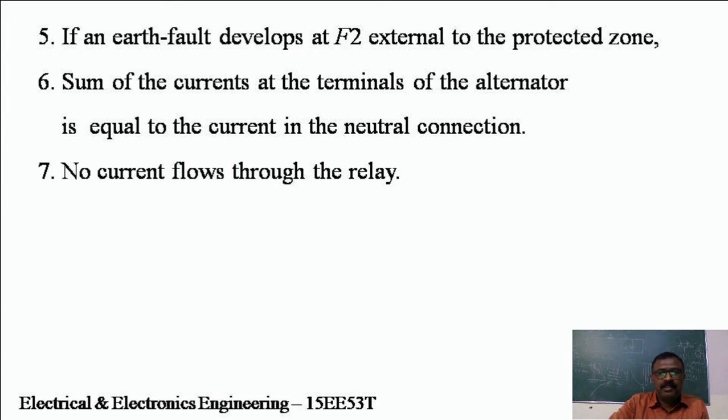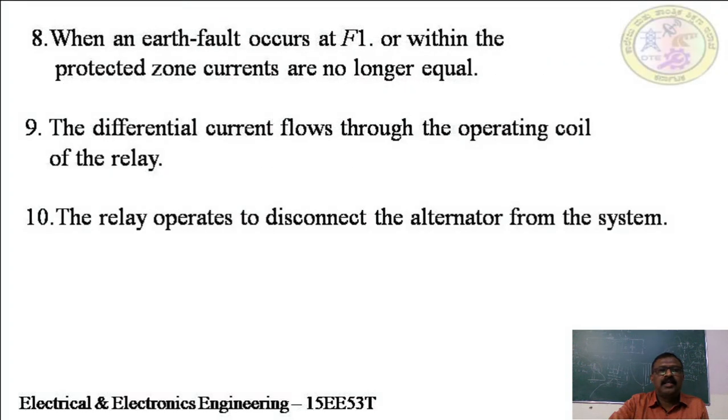F2 is not within the protected zone or within the current transformers, it is away from the current transformers. When the fault F2 occurs, it will never have any impact on the currents entering and leaving the protected zone. So therefore no current flows through the relay, and the relay is said to be inoperative.